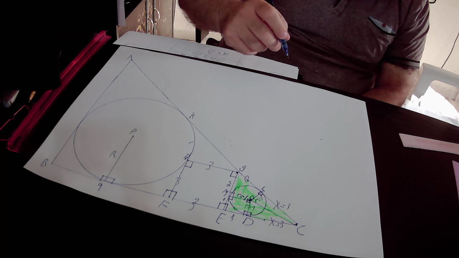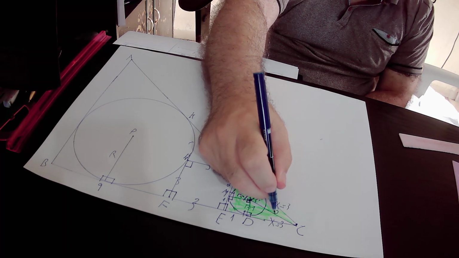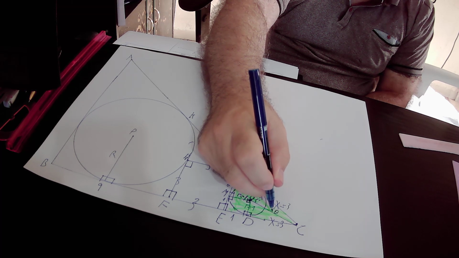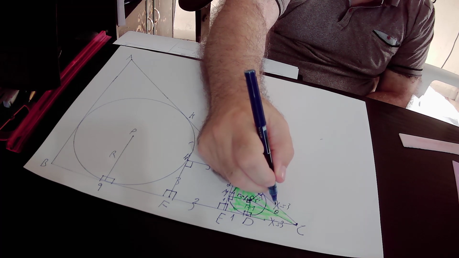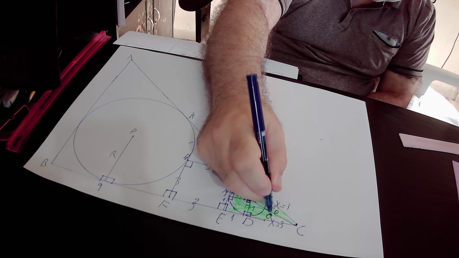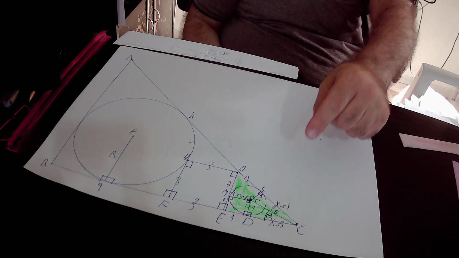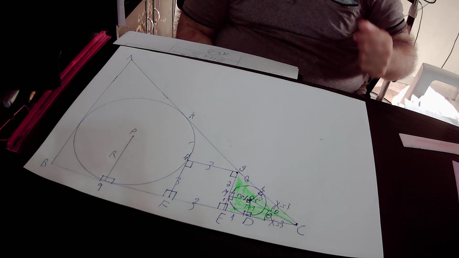Okay, so if we define one angle as theta, then the other angle will also be equal to theta. So both those two angles are equal to theta.